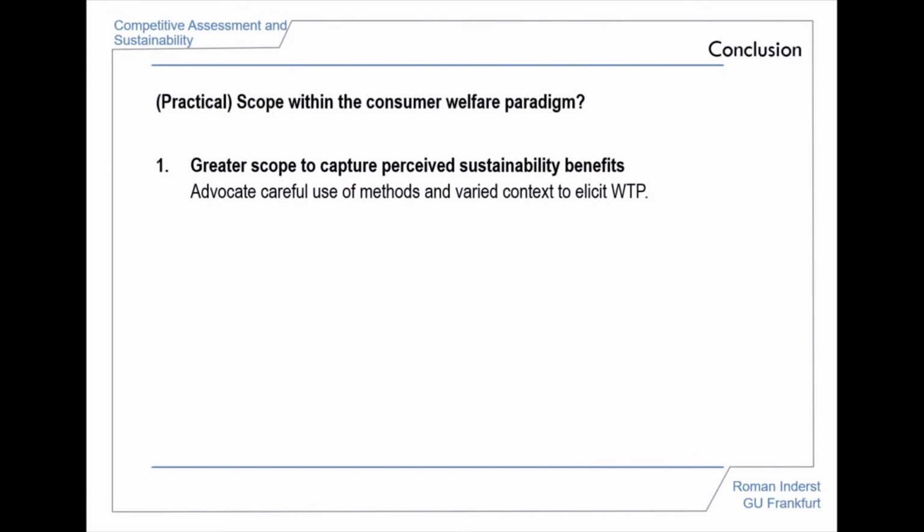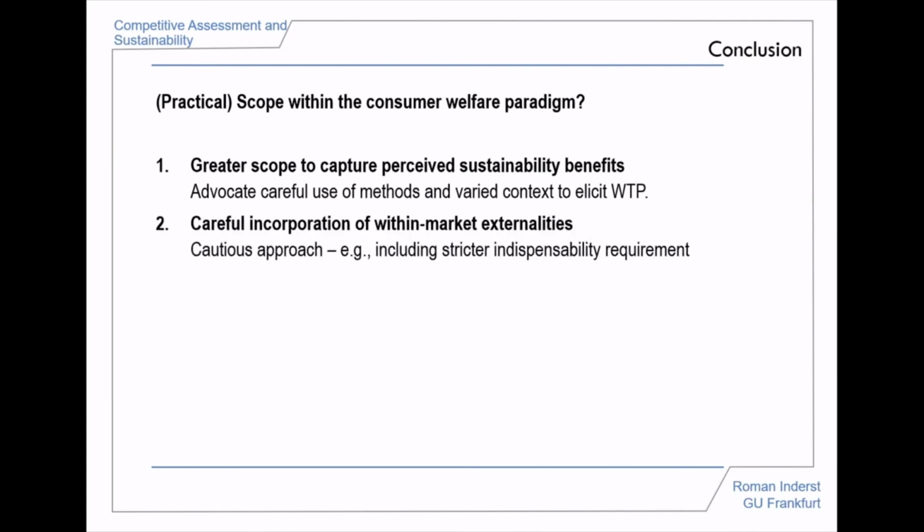So the question was the scope within the consumer welfare paradigm for taking on board sustainability benefits. Answer one: I think there's a greater scope for capturing perceived sustainability benefits, but we have to use the methods carefully, for instance varying the context to elicit willingness to pay. As for within-market externalities, this too can be seen as a reflection of consumer welfare, but again the approach has to be very cautious.